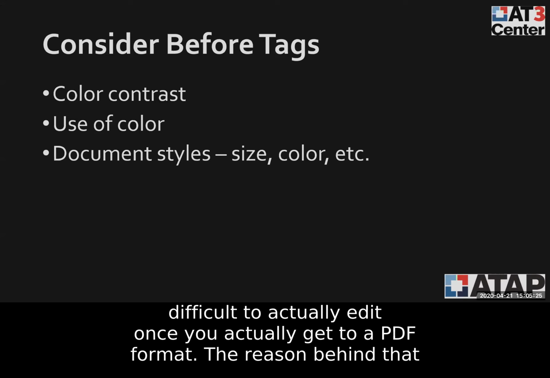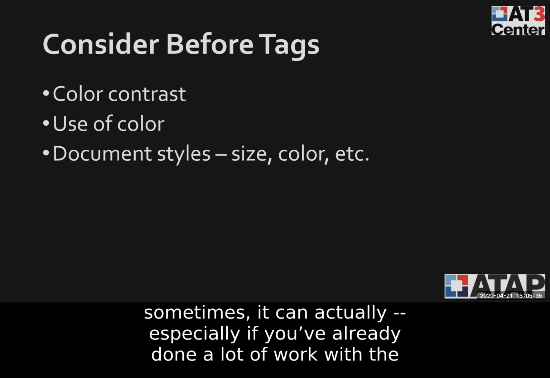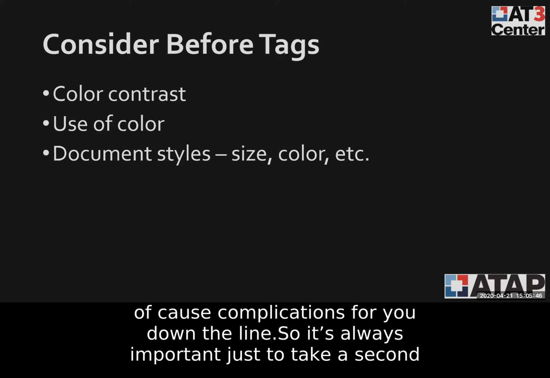The reason behind that is that Acrobat doesn't play very nicely with any edits that you make within a PDF. Sometimes, especially if you've already done a lot of work with the tags, as we're going to do today, it can mess with that tag structure and cause complications for you down the line.